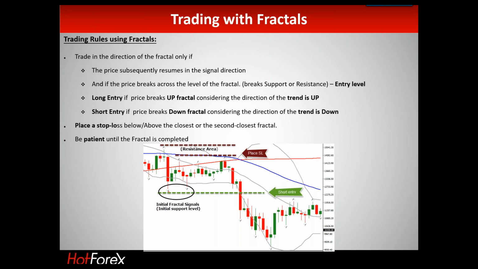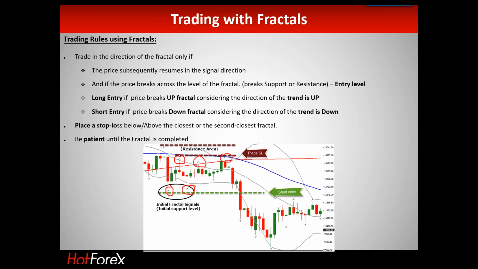Later on, we identified two consecutive down fractals. By connecting these consecutive candles, we end up with this immediate support area of this ranging market. Over here at the upside, we have identified three consecutive up fractals.